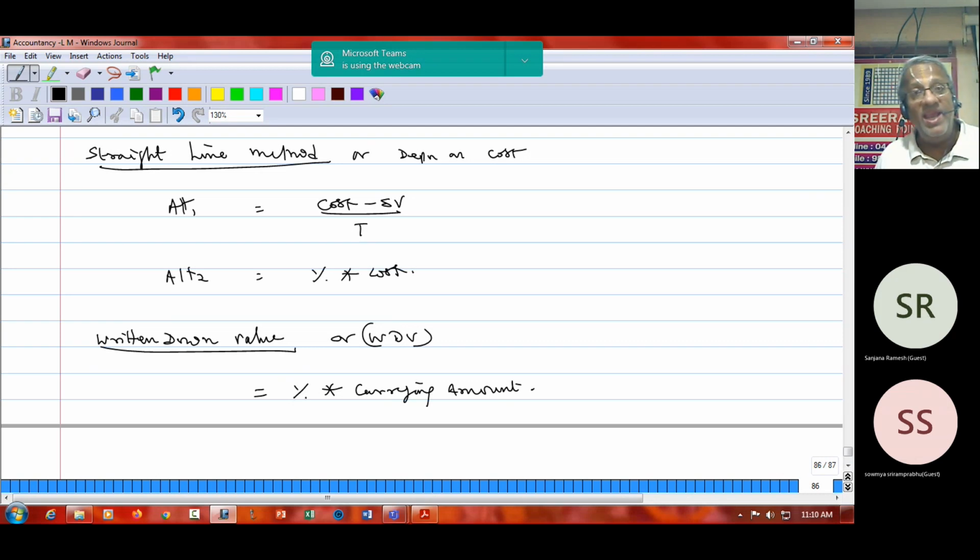Okay. So carrying amount is what we normally use. What do you mean by carrying amount? From now on we will not be using this term book value. We will promote ourselves to that particular level. What is that? Carrying amount, formula: cost minus accumulated depreciation.